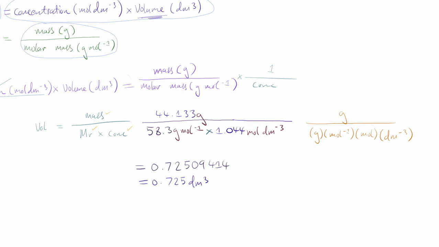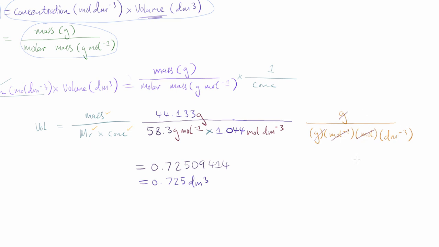Does the proportionality match? In this case, there was a need for unit conversion for the volume. But anyway, mole to the -1 multiplied by moles, that cancels out. Now we've got grams divided by grams, that cancels out, right? And what we're left with is dm to the power of -3.